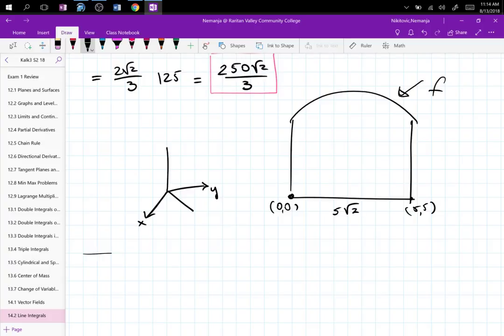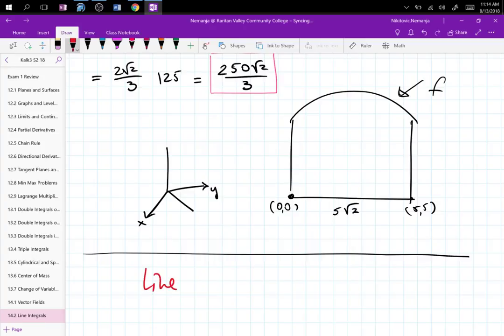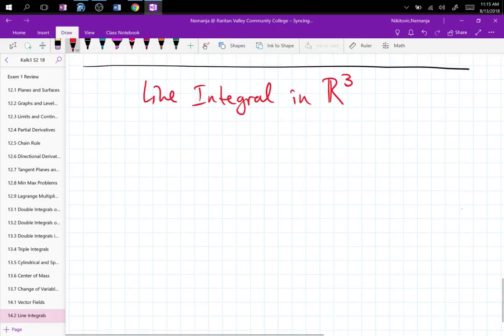Let's see one more example where we do the same thing now in a 3D space. So line integral, now we do the line integral in R3.